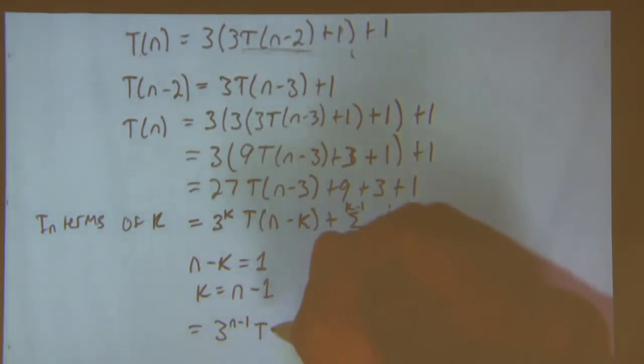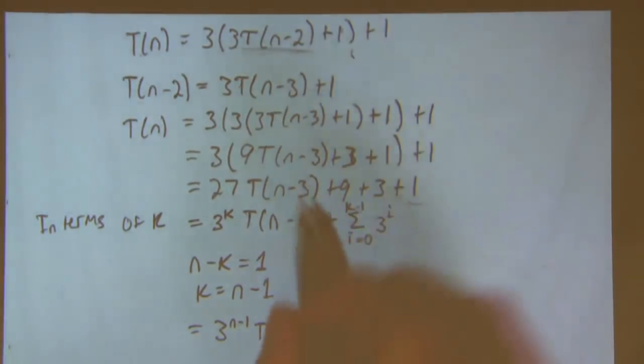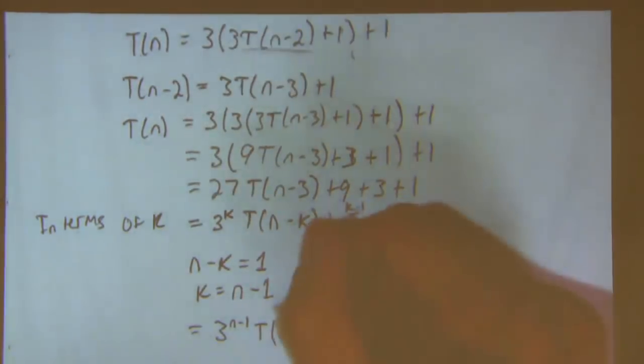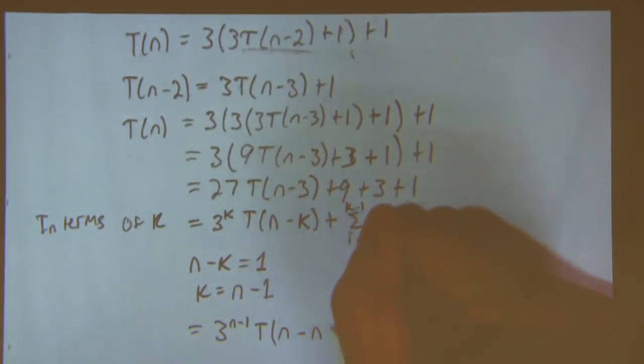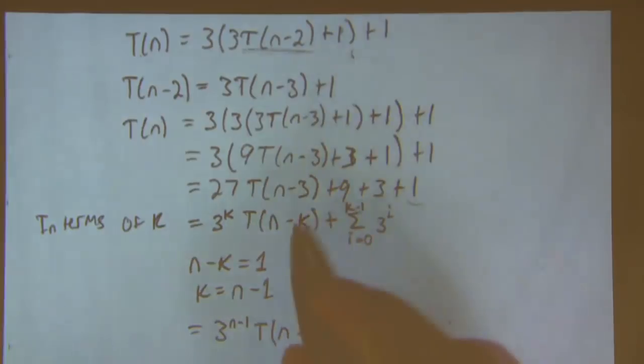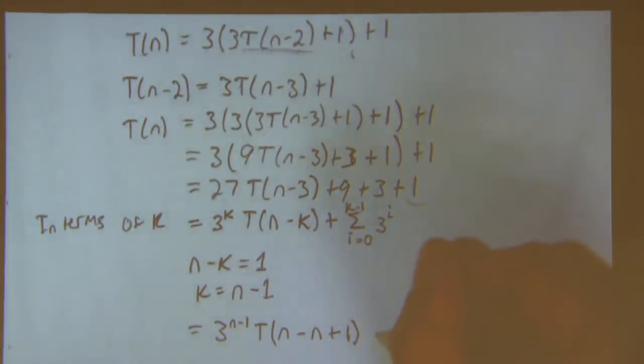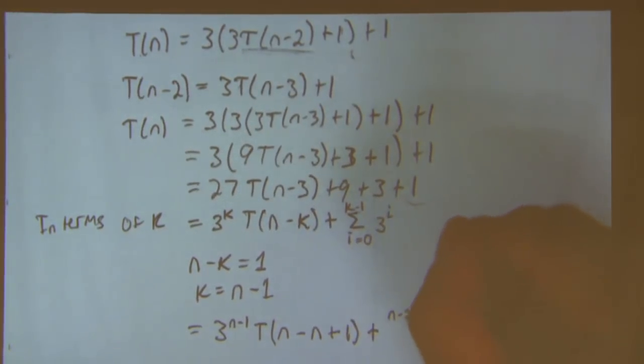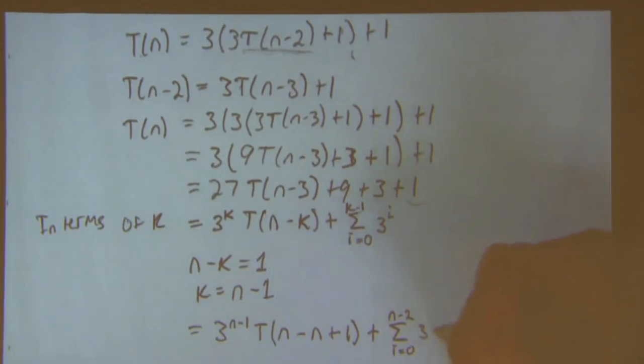T, and then we substitute in here and we get n minus n plus 1 after we distribute this negative sign. And then we add in n minus 1 gives us n minus 2, sum from i equals 0 of 3 to the i.